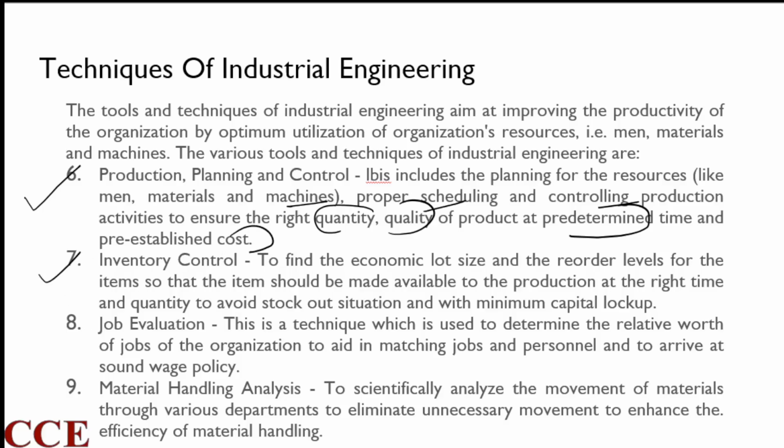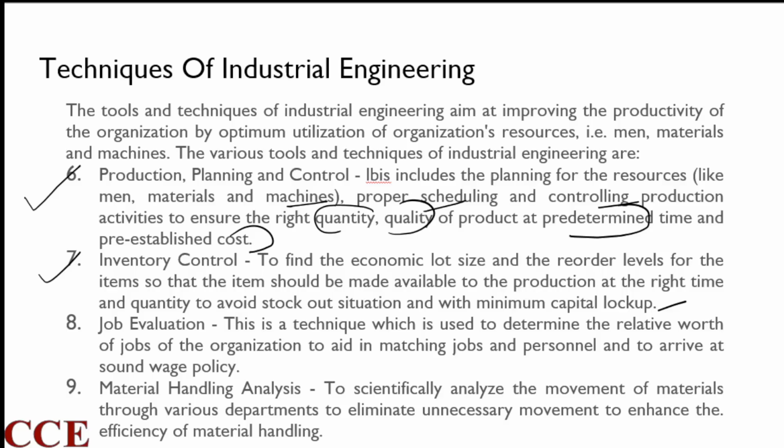Next is inventory control, to find the economic lot size and the reorder level for the item so that the item is made available to production at the right time and quantity to avoid a stock-out situation, with minimum capital lockup.